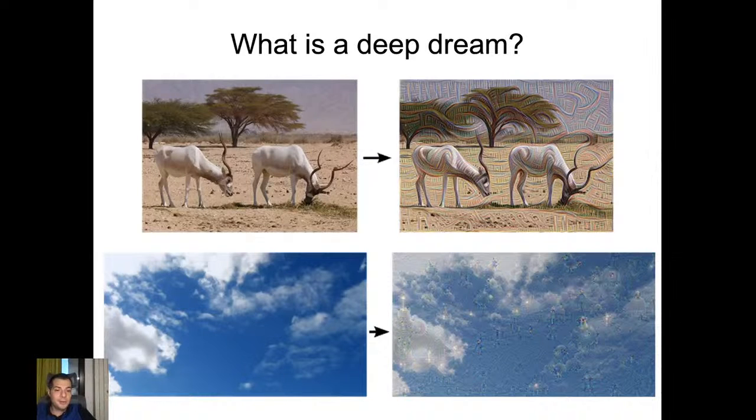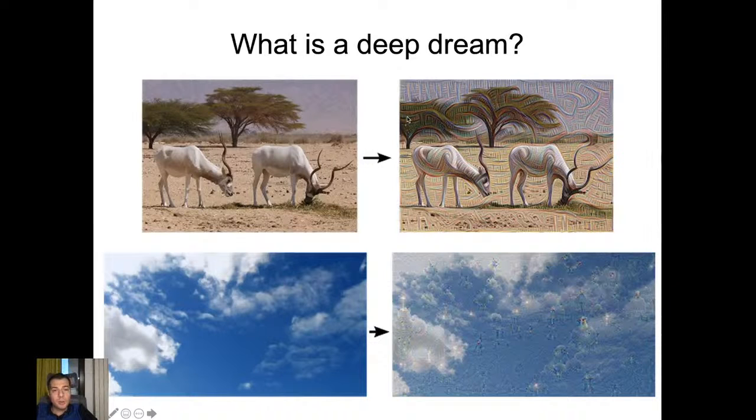And if this layer is high in the hierarchy or near the output, it means it will try to modify the input image, and it will generate high level patterns like birds, dogs, and object parts.